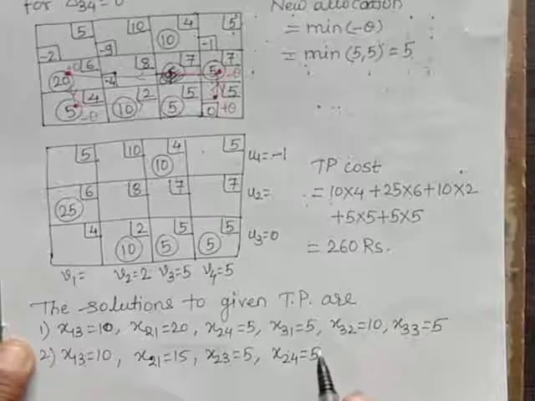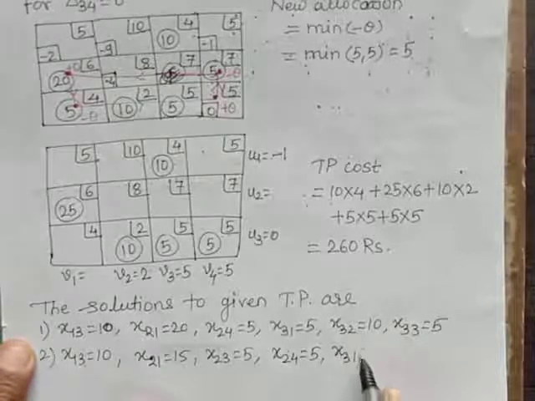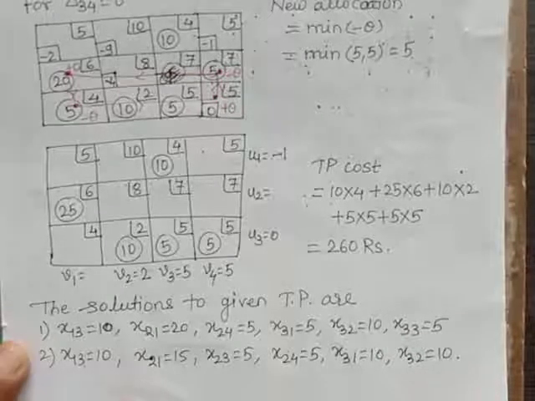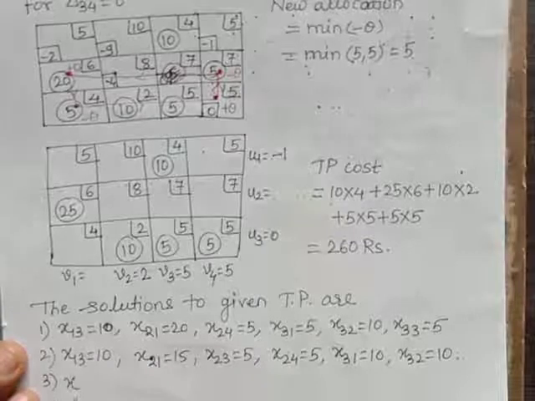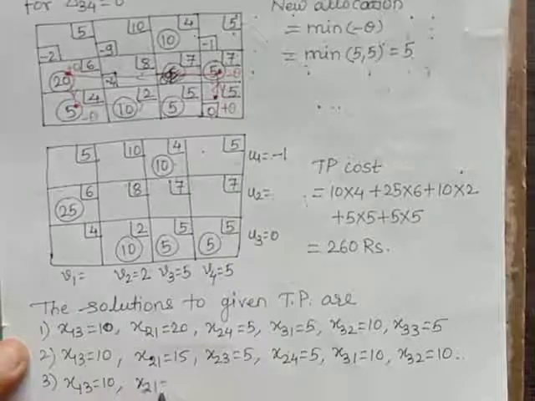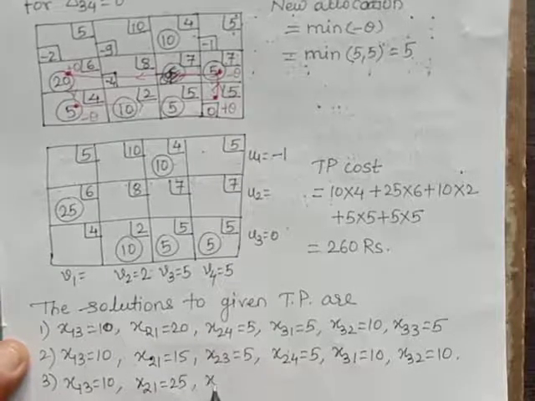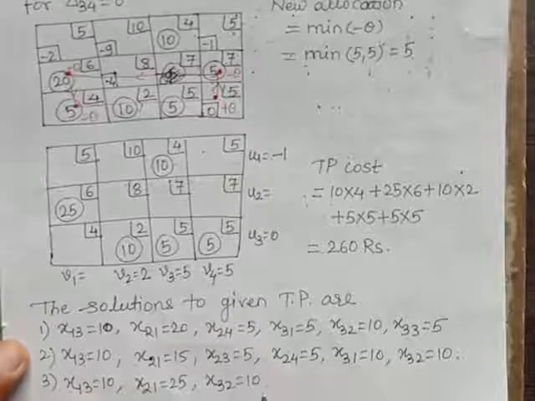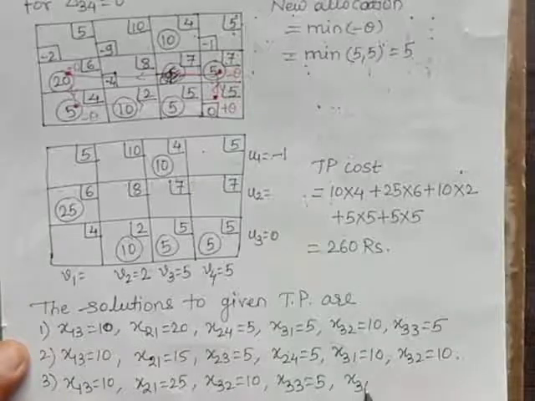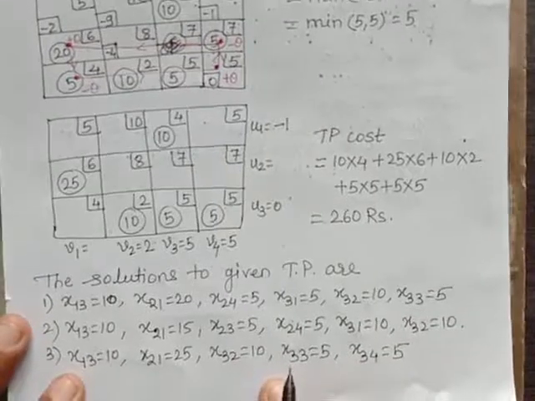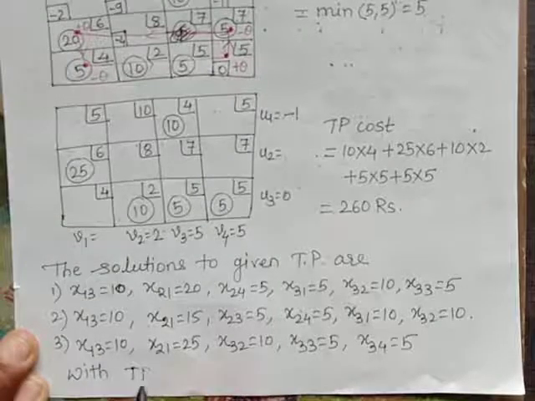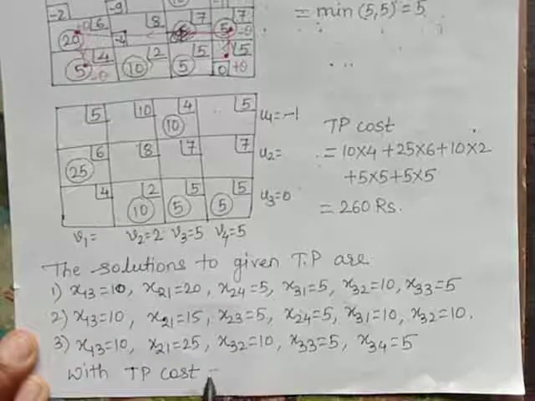Then x31 is equal to 10. x32 is equal to 10. Okay. Third, x13 is equal to 10. x21 is equal to 25. x32 is equal to 10. x33 equal to 5 and x34 equal to 5, with transportation cost equal to how much?